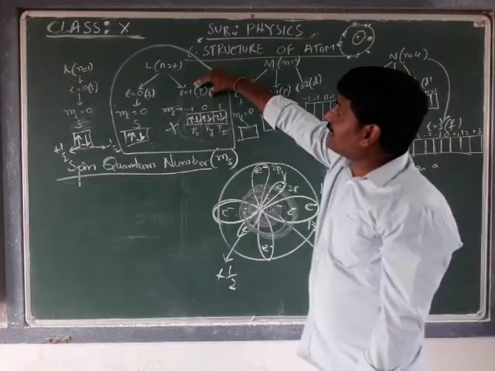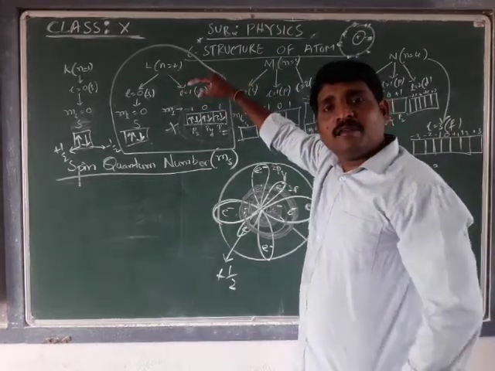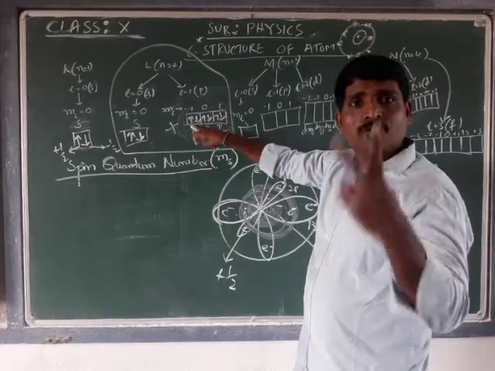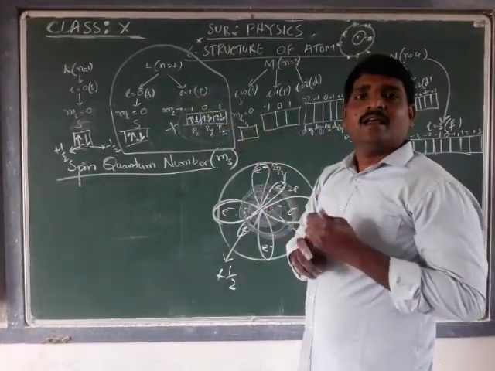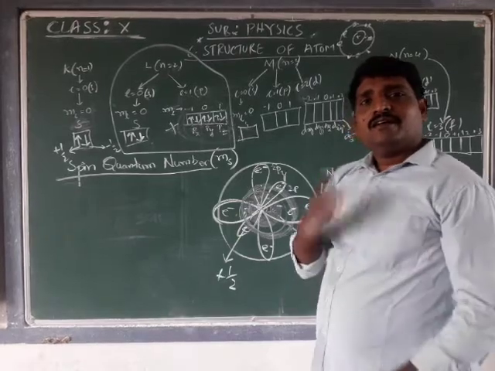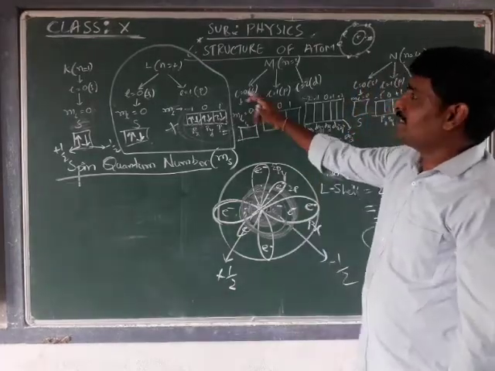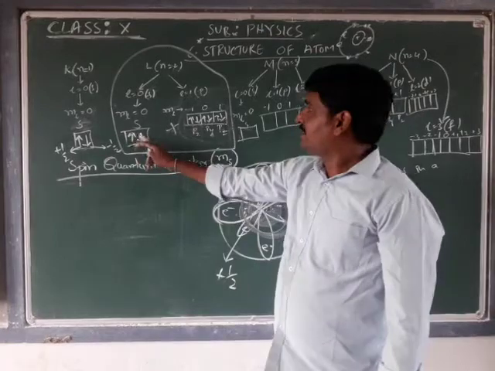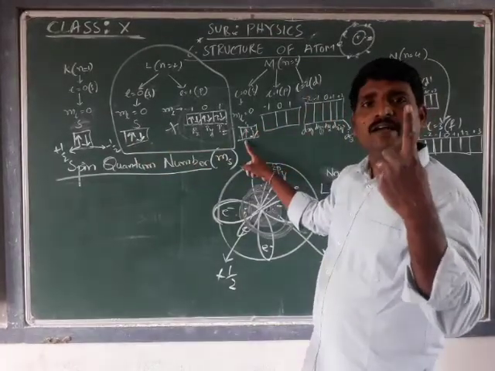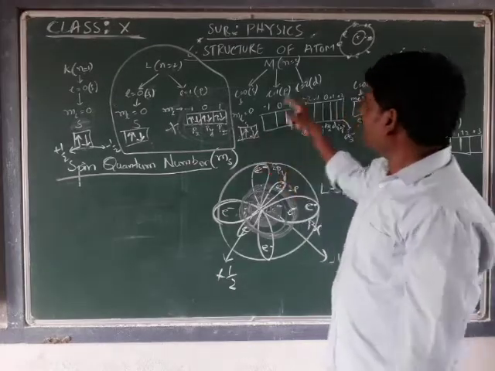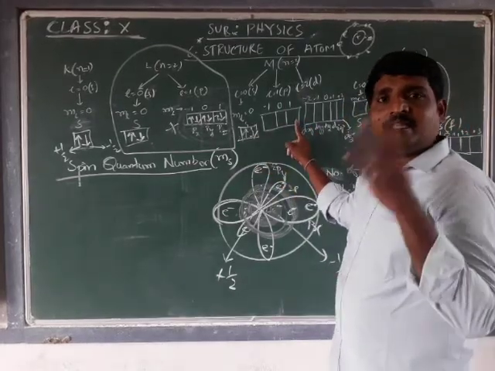That means the maximum number of electrons that can be filled in an orientation is 2, and in a p subshell is 6. Are you able to follow? Now in s, as we have discussed, there is only one orientation, so 2 electrons we can fill. P, how many orientations are there? 3 orientations.